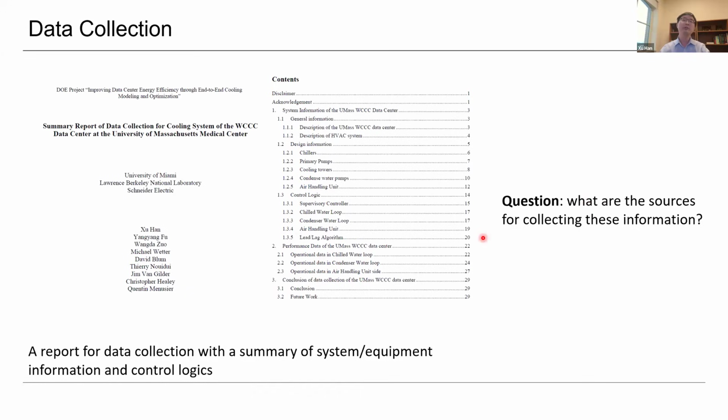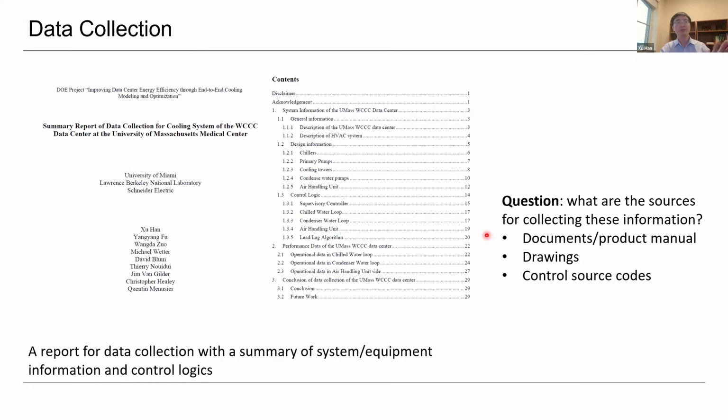Here you can think about one question: what are the sources for collecting this information? When we did this project, the sources we used for data collection included, for example, the documents and product manuals, and also the drawings. We got all the drawings, like mechanical drawings and electrical drawings, and we also looked at the control source code.